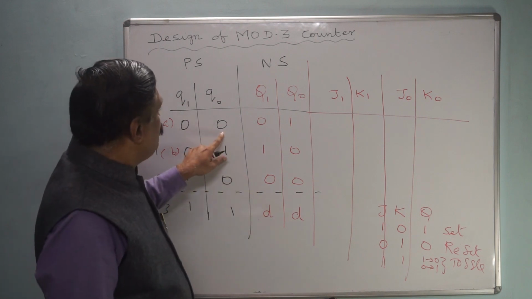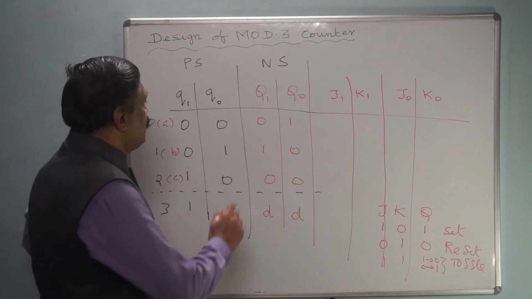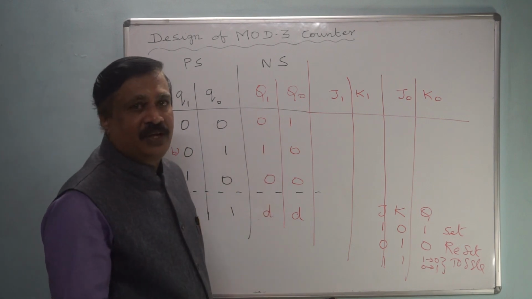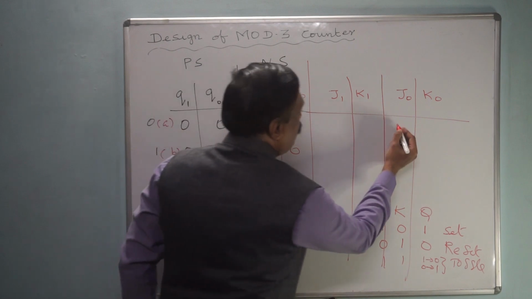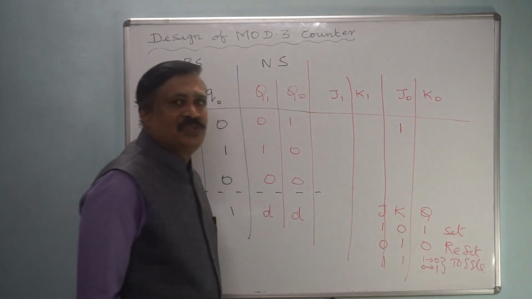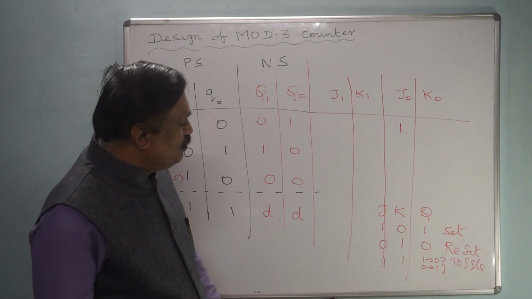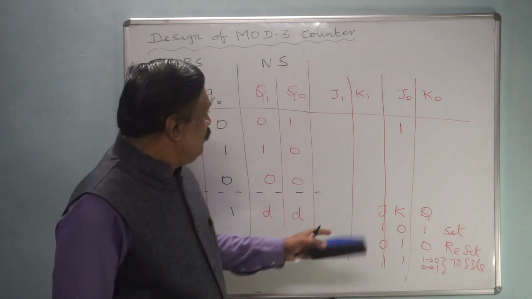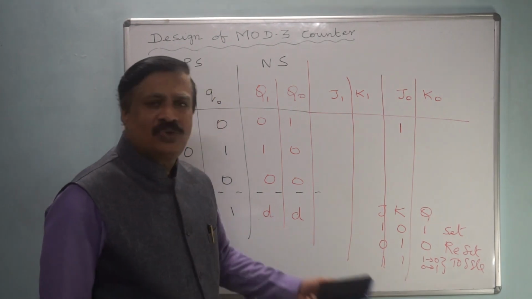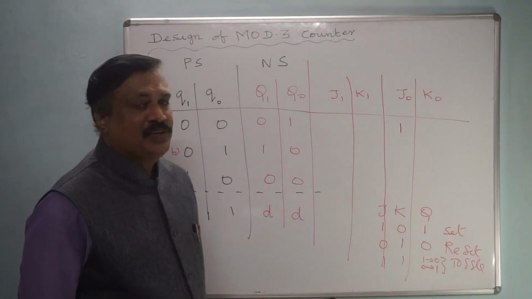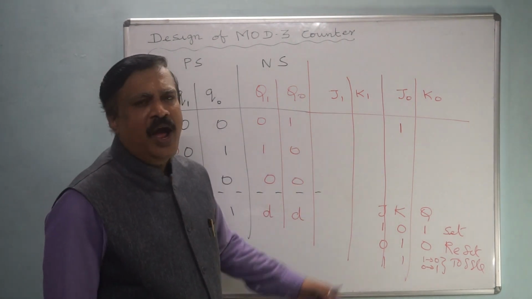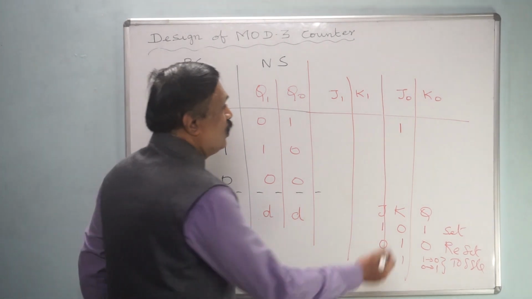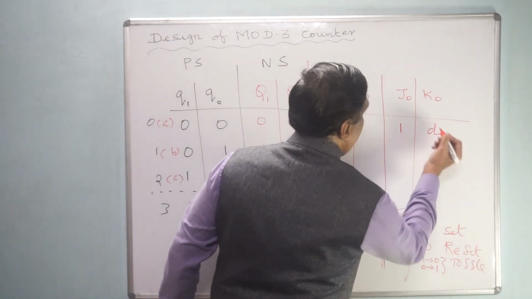Now present state of this Q0 and this next state Q0. Here 0, 1. That means it changes from 0 to 1, which is a set condition. Set condition means J should be 1 and K should be 0. If K is 1 also, it's not a problem, because it is a toggle state. J should be 1 and K may be 0 or 1, therefore you can put it as a don't care condition.